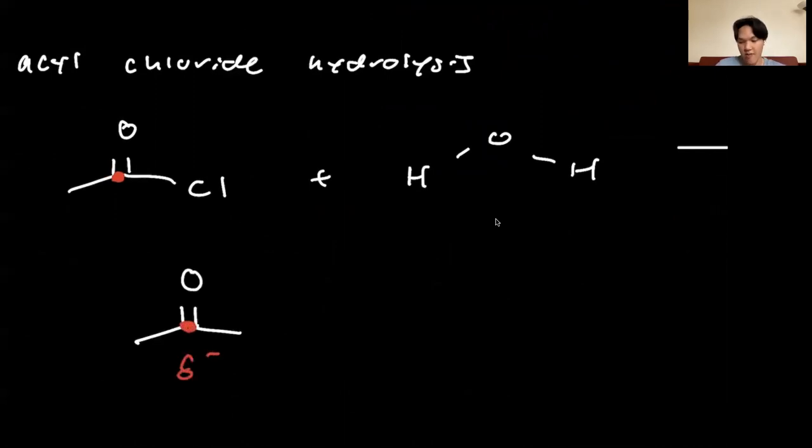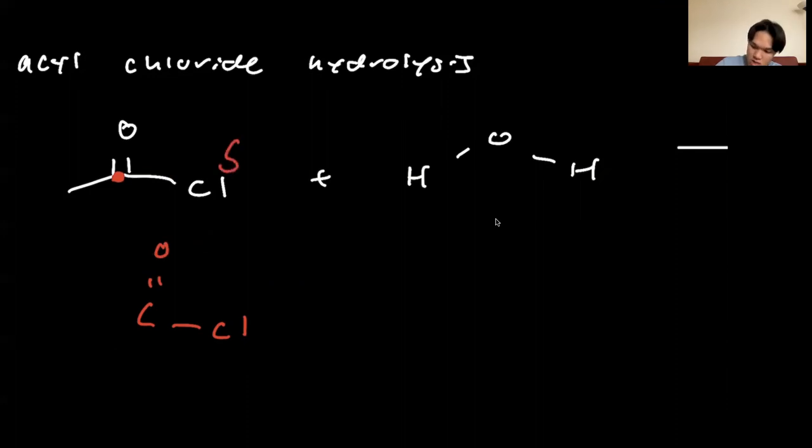There's a delta positive here and a delta minus, which gave it a lot of the characteristics that we know and love. But now we have a different substituent other than a hydrogen and a methyl group. In this case, we have a chlorine, which is very electronegative, which means this C to Cl bond is not going to be shared equally, right?